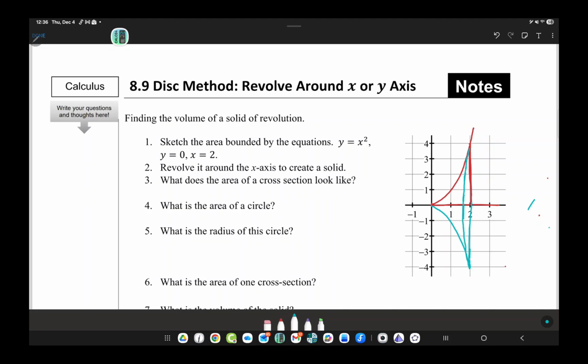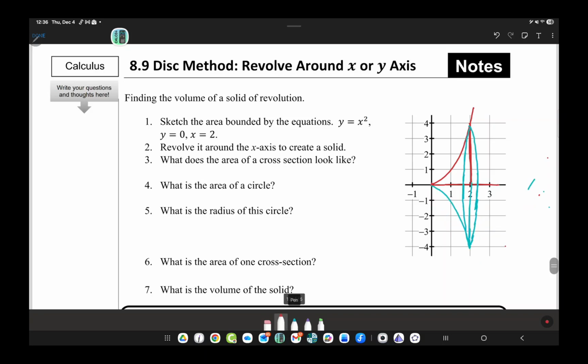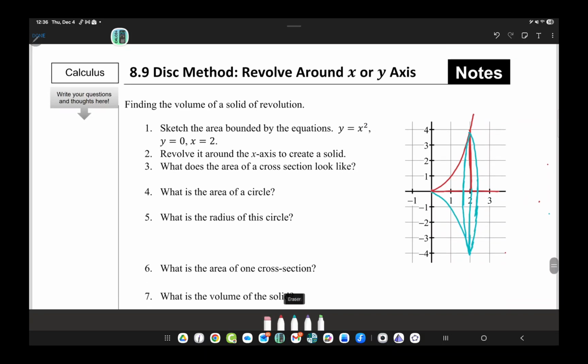Straight line. So now what we're doing is we are revolving around the x-axis.